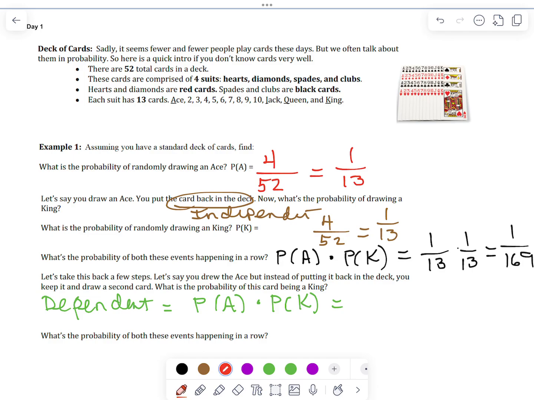So the ace is still 1 out of 13. But now the king, there are still 4 kings, but we have 1 less card in the deck. So we are now down to 51 cards in the deck when we take that king. Then we multiply across. So 4 out of 663.